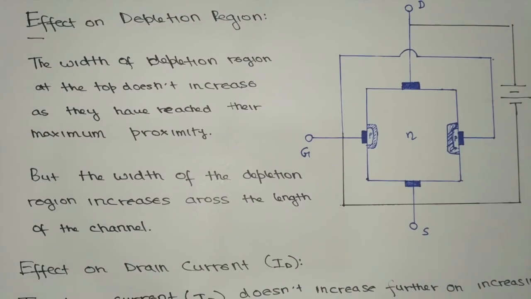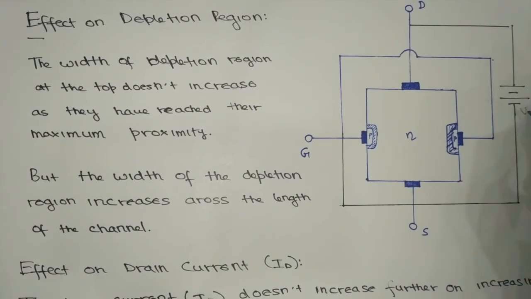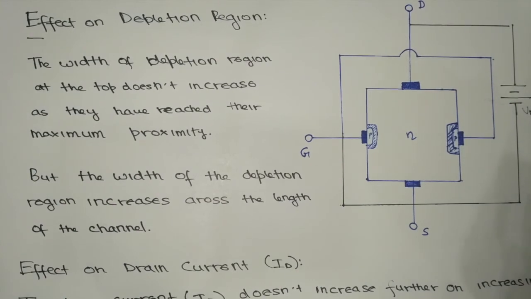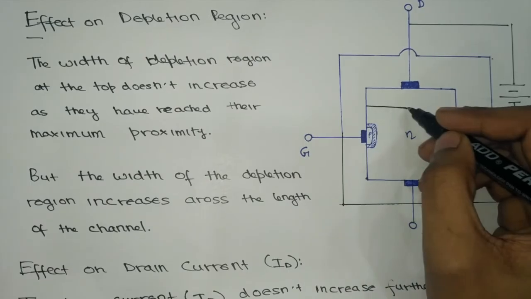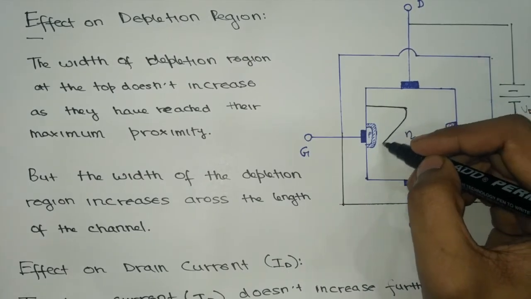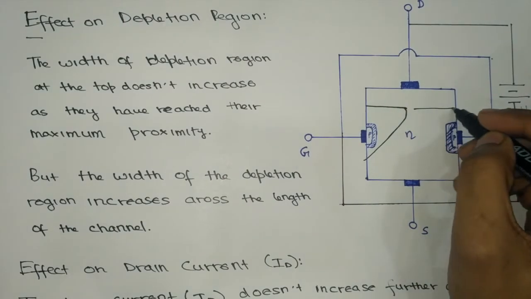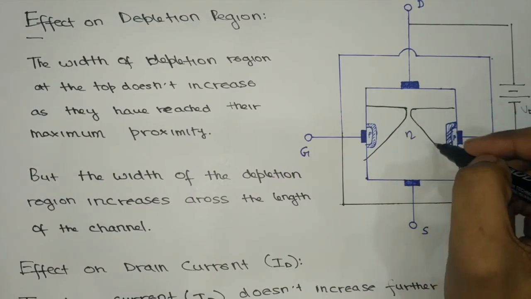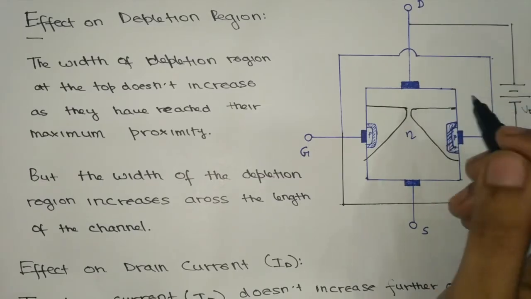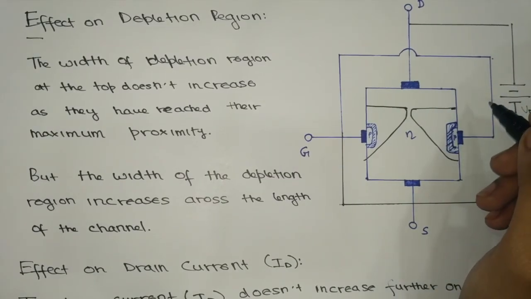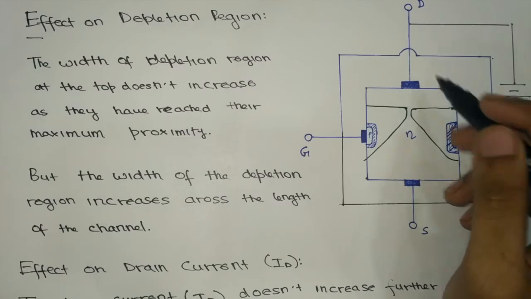We have seen before that if the VDS, the potential between the drain and the source terminal, is equal to the pinch off voltage, then the depletion regions of both the gate terminals come very close to each other. But they must not touch, because if they touch, then the potential drops.